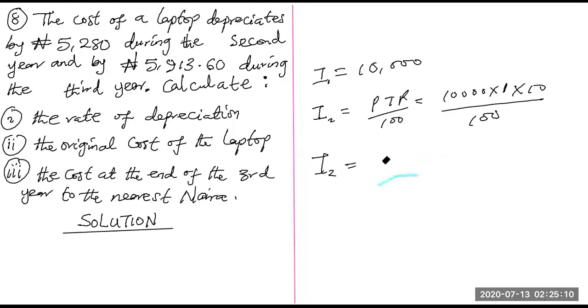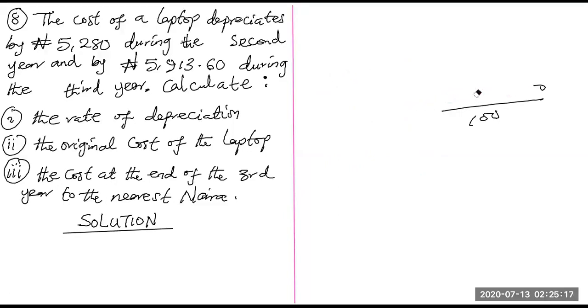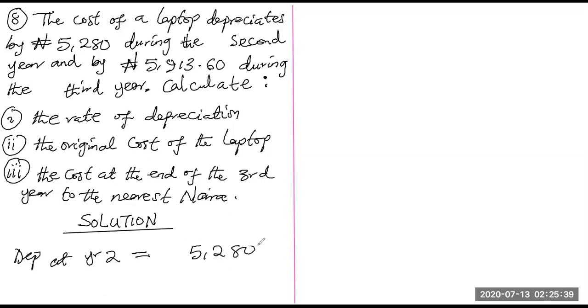Now we have gotten this explanation. Of course, let's now go and solve our problem. Now adapt this explanation to depreciation. Okay, so we now have our depreciation for the first year, depreciation at year 2. Okay, not at the end of year 2. At year 2, we are told it is 5,280 naira.